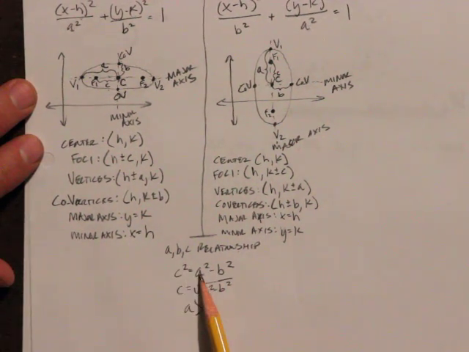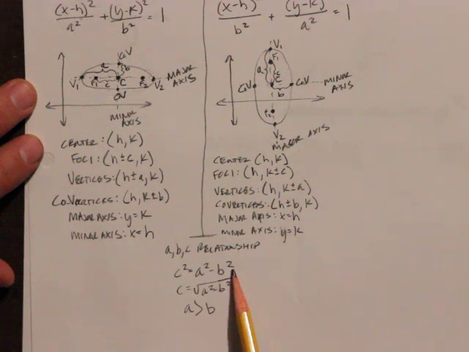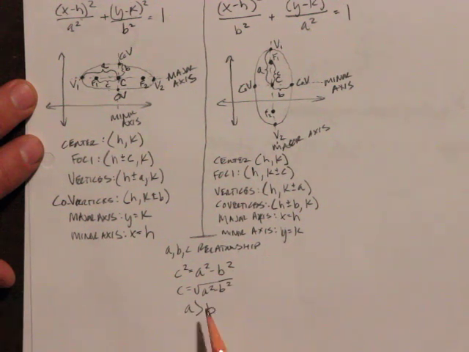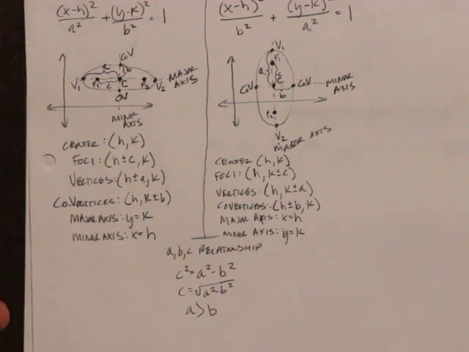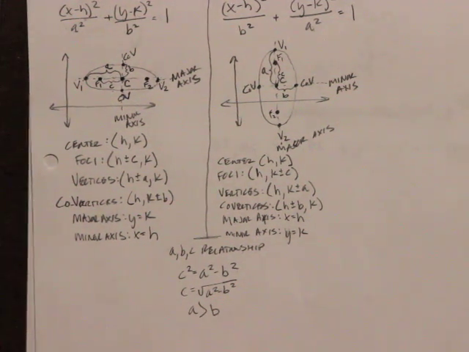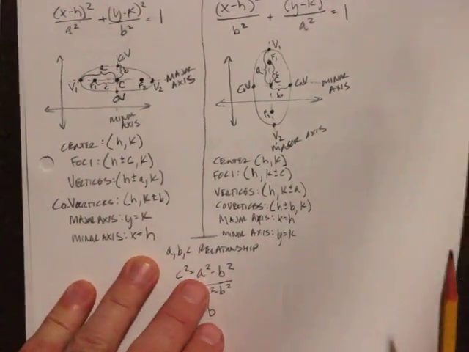So c squared equals a squared minus b squared. c equals the square root of a squared minus b squared, and a is greater than b. We're going to use this as we graph these things. Okay, there we go. Now let's get right into an example.